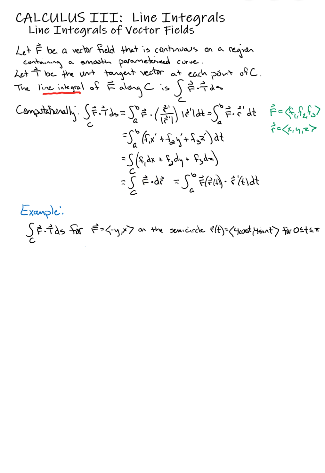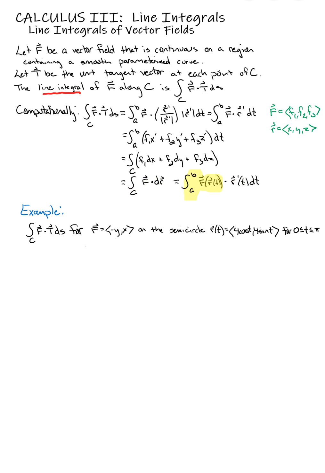So that's an integral along a line that we're looking at. I can change it now to a regular integral of f evaluated at r dotted with r prime dt.